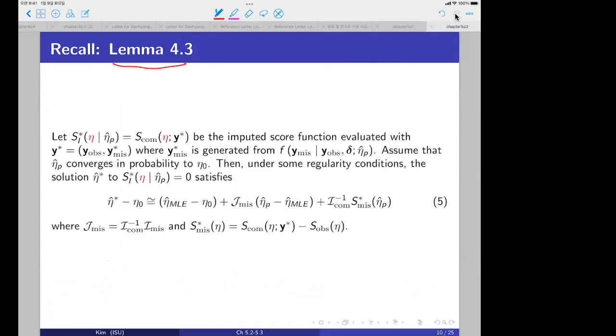If we have a fixed eta hat P for imputation, and this eta hat P converges to eta, then the solution... So what does that mean?